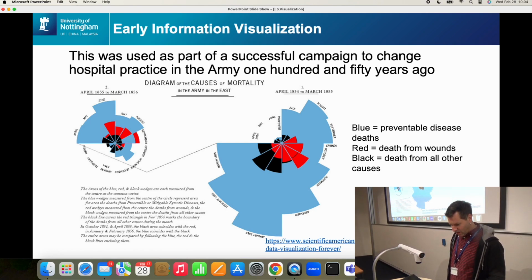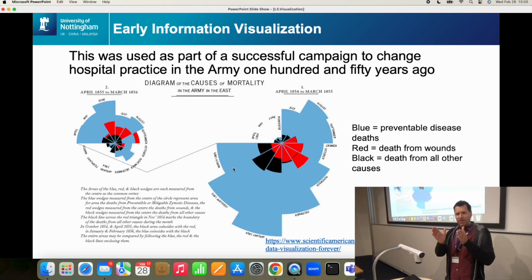This one is in a military setting. It's a diagram of the causes of mortality in the Army in the East from 1855. On this polar axis are months, rotating: July, August, September, October, November, December, and so on.